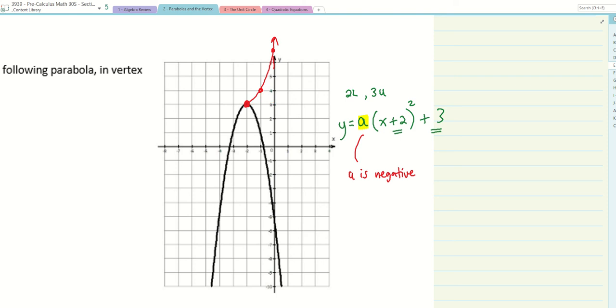Instead of going 1 over, 1 up, I actually went 1 over, 1, 2 down. So there's an upside down thing happening, and there's also a vertical stretch by a scale factor of 2.